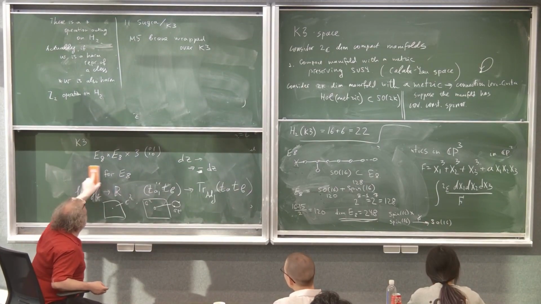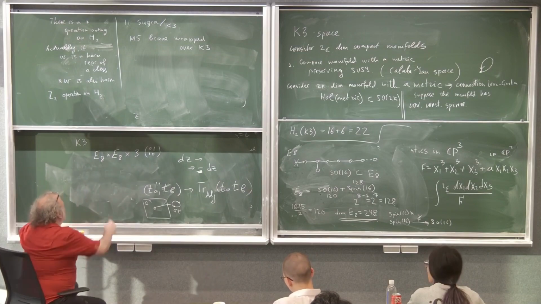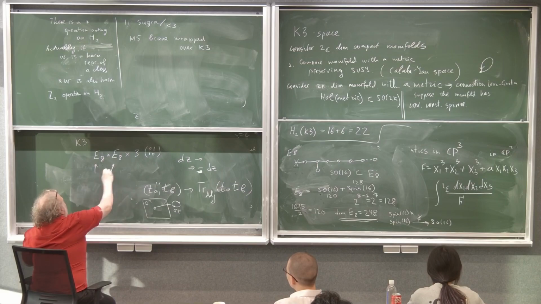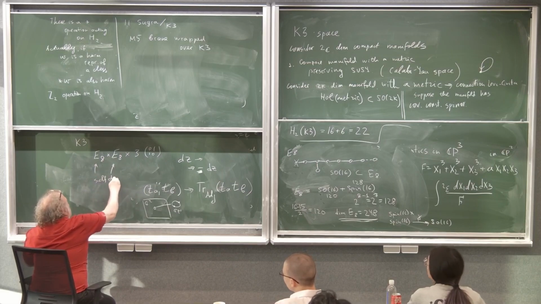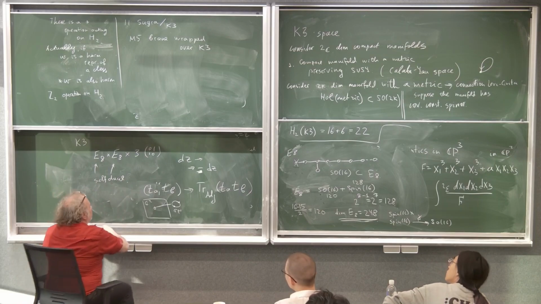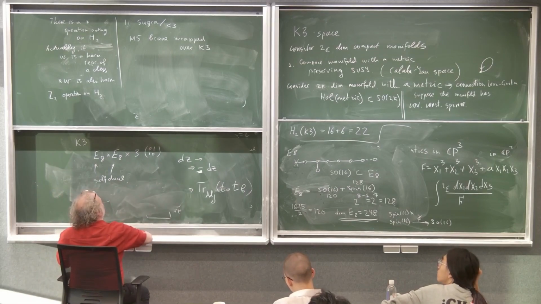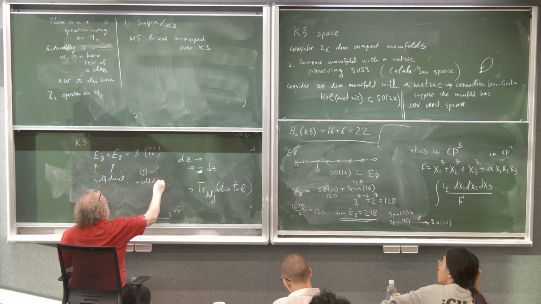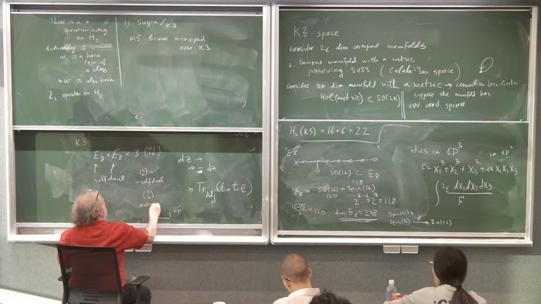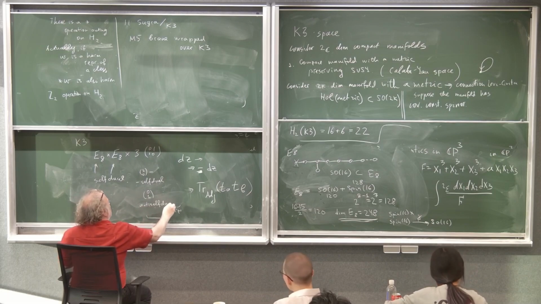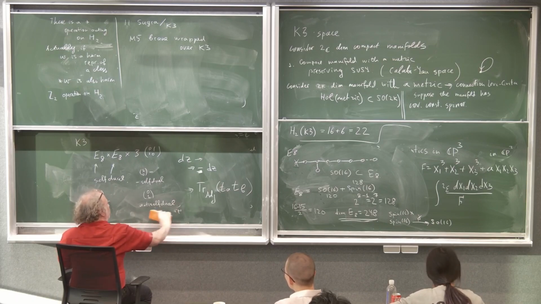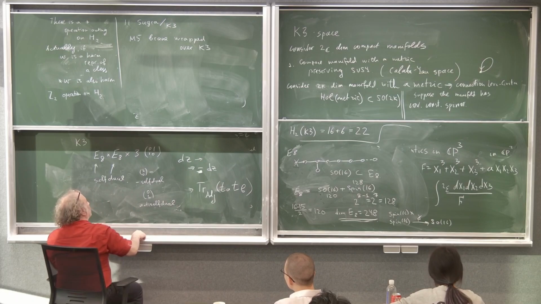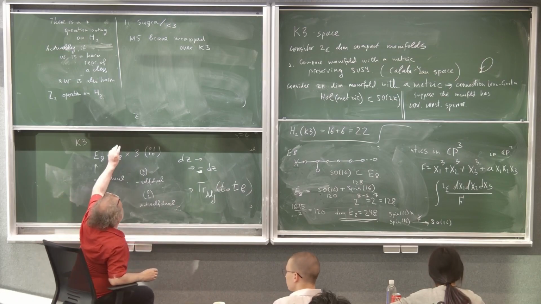It turns out that these are self-dual, and forms of this type are also self-dual, and forms of this type are anti-self-dual. Okay, I forgot to say.